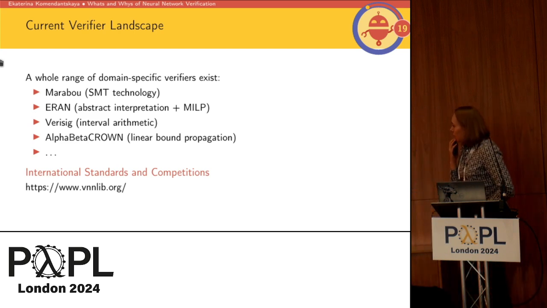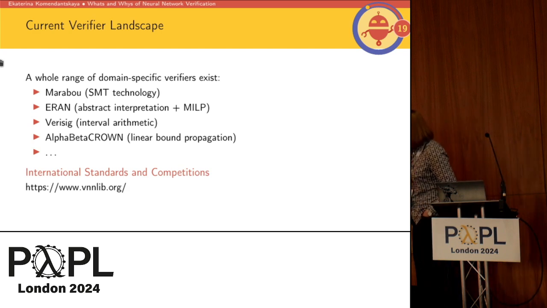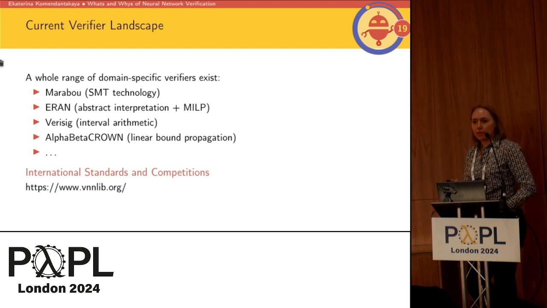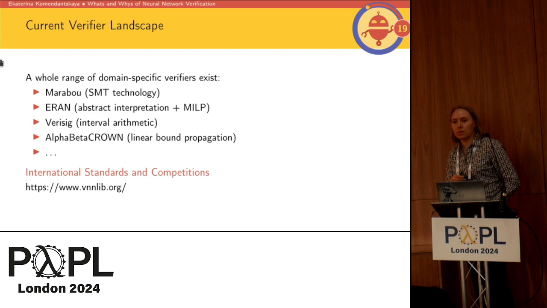But for the purpose of us, the important bit was that all of these different provers agreed on a format in which they write properties, which is called VNN-LIB. If people here know SMT-LIB, it's very similar to SMT-LIB, but a little bit adapted to neural networks. So at least we found some standard language which this community understands, which was very useful.